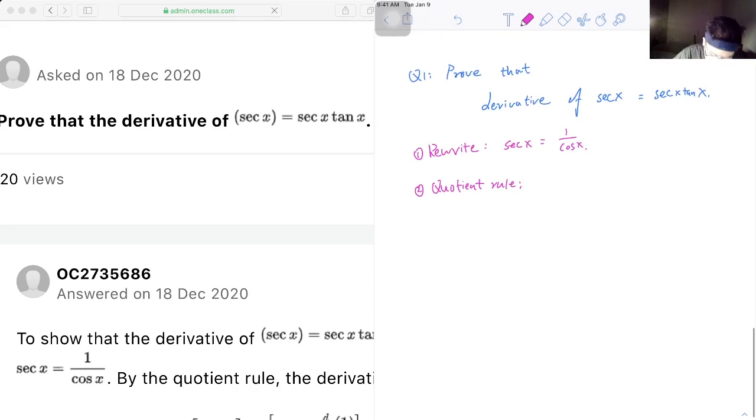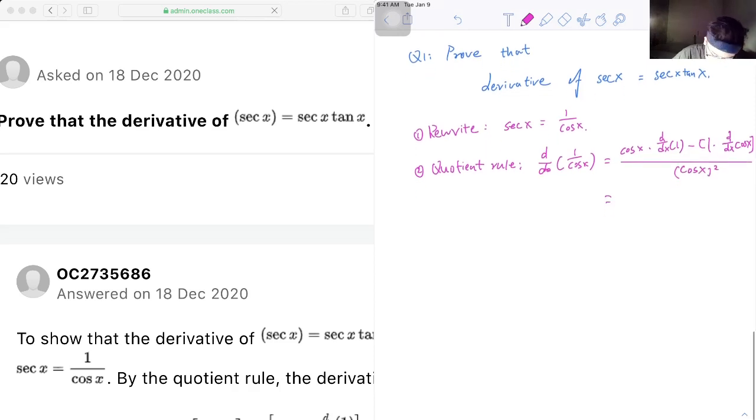Okay, so the derivative of 1 over cosine x is equal to cosine x times the derivative of 1, minus 1 times the derivative of cosine x, over cosine x squared.